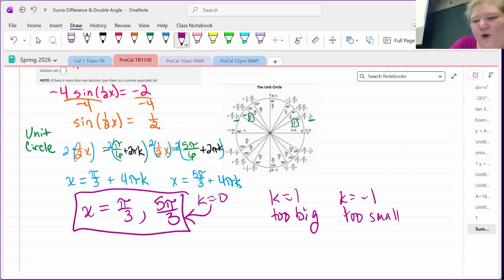So we only have to plug them in when they're going to give us solutions between 0 and 2 pi. So yes, we don't care about the 4 pi k because it's going to make the extra solutions bigger than 2 pi or smaller than 0.